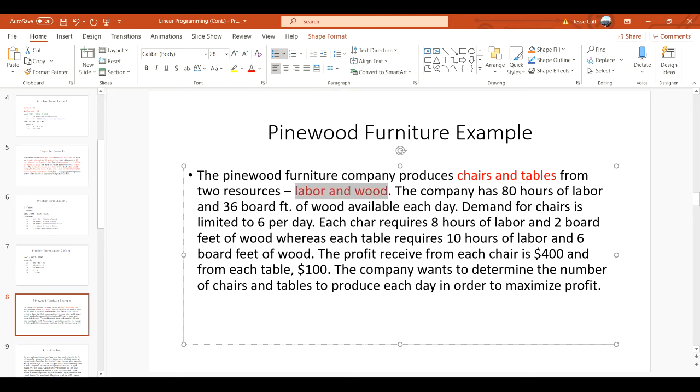The company has 80 hours of labor and 36 board feet of wood available each day. So now we know our maximum labor every day and our maximum amount of wood every day. Demand for chairs is limited to 6 per day. Each chair requires 8 hours of labor and 2 board feet of wood.